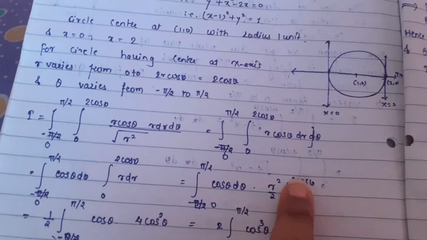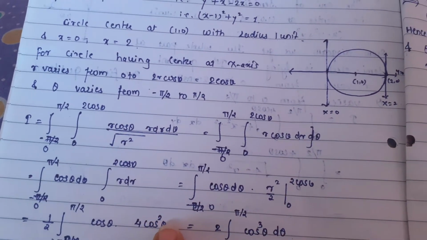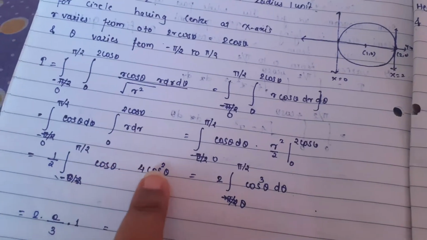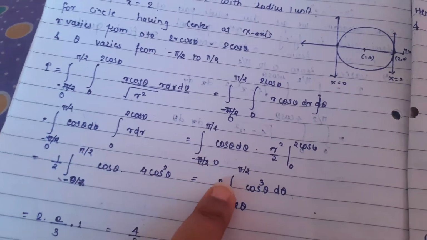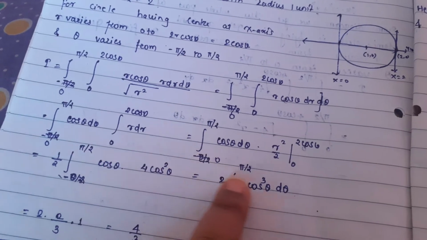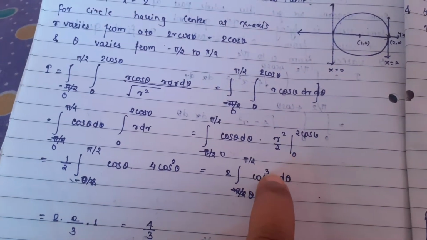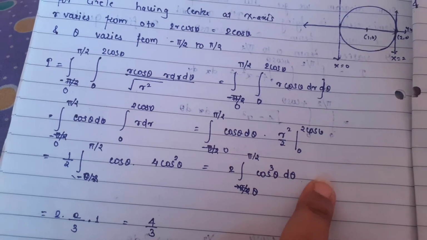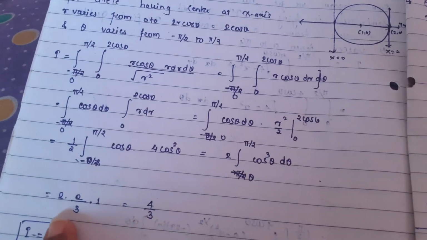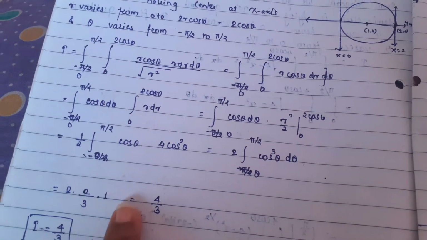Then (2 cos theta) square is 4 cos square theta, so 4 outside, 4 by 2 is 2, and this will be cos square into cos, that is cos cube theta, from 0 to pi by 2. Therefore as n is an odd number, by the reduction formula this integration is 2 into 2 by 3 into 1, so that is 4 by 3.